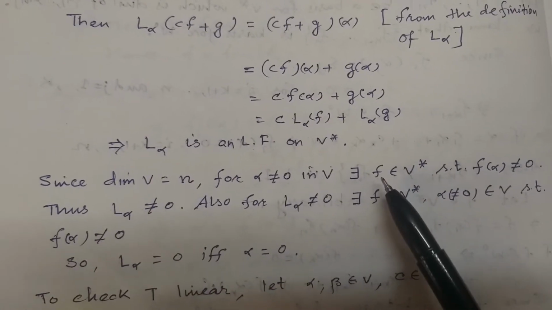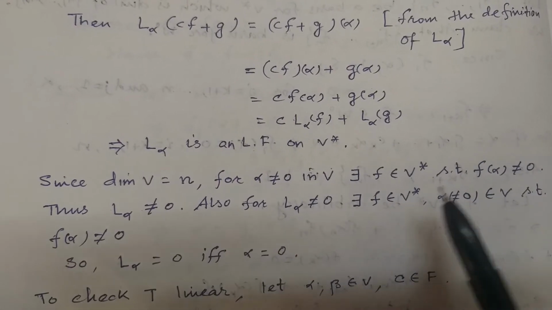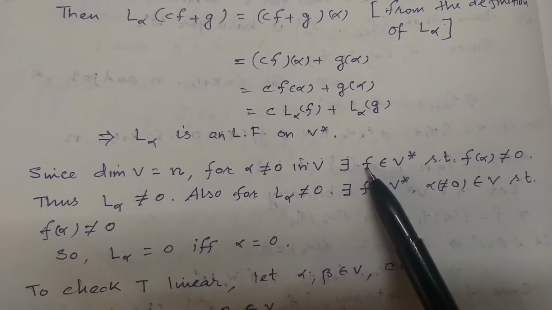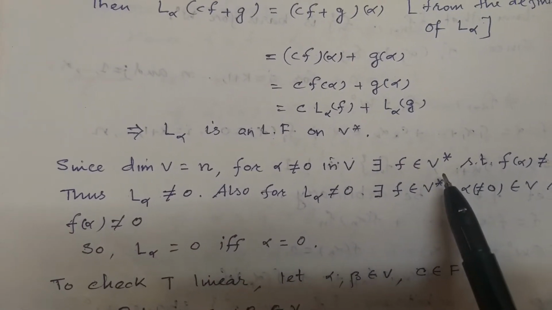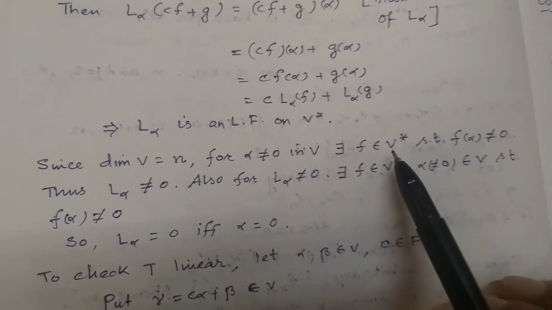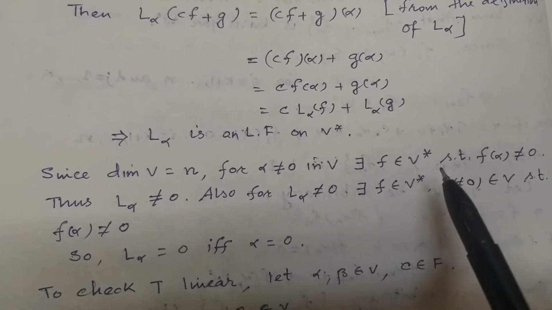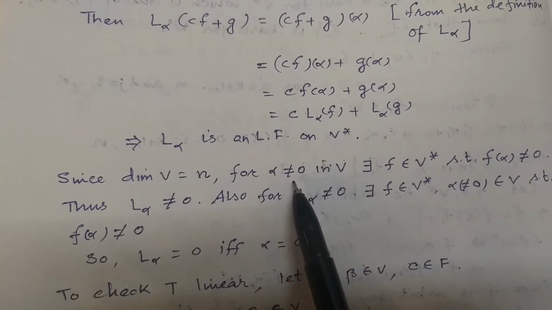Otherwise, if f takes all elements of V to 0, then f must be the zero functional. So since there exists a non-zero functional in V star, there is an f in V star such that f of alpha is not equal to 0 for alpha not equal to 0.